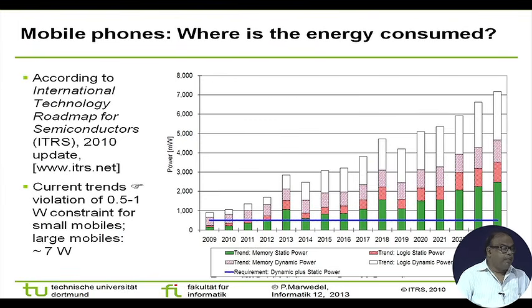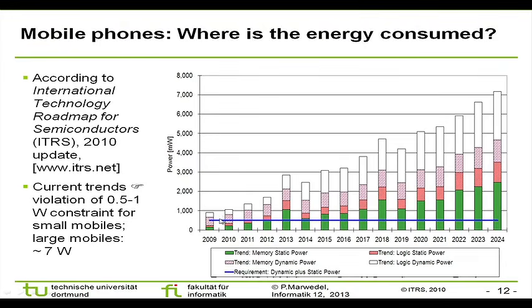So here also the same thing is being shown, and it is data from the International Technology Roadmap for Semiconductors in 2010. The scenario is not very good, because memory static power is shown in green, and static power means the leakage current.